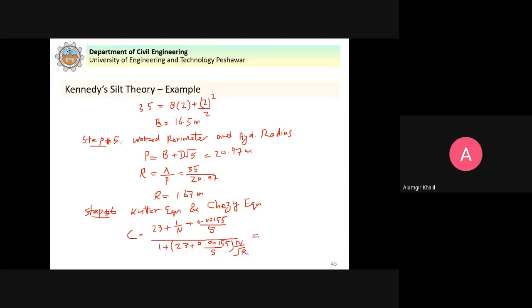If you plug in the values, the value of C comes out to be 48.974. It is a constant, no units.